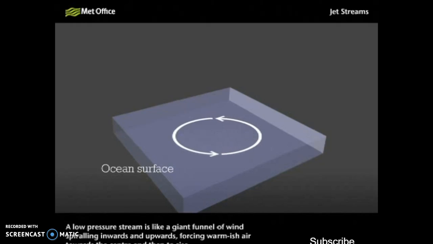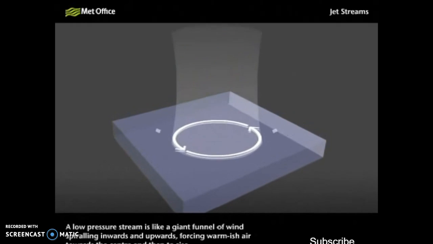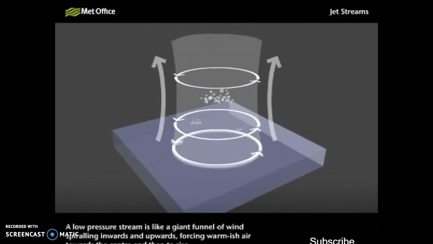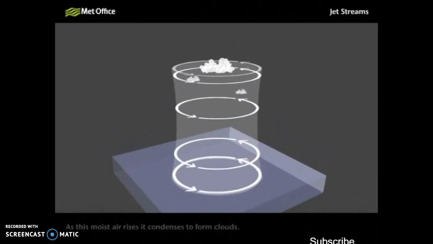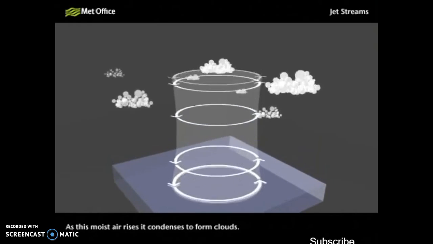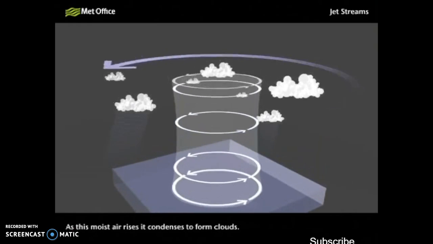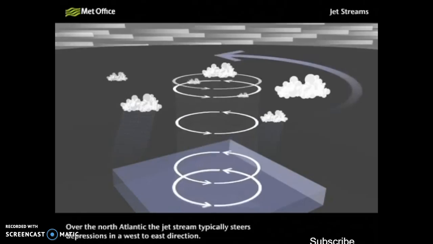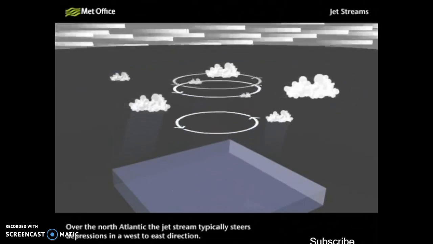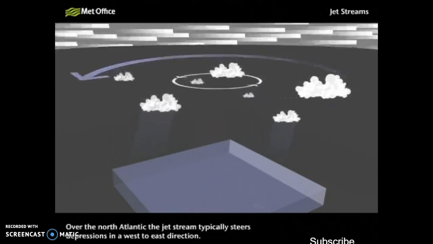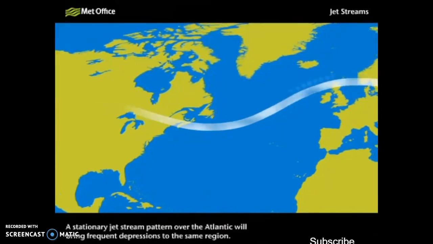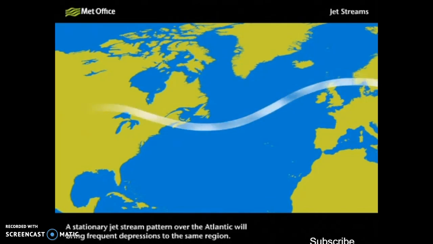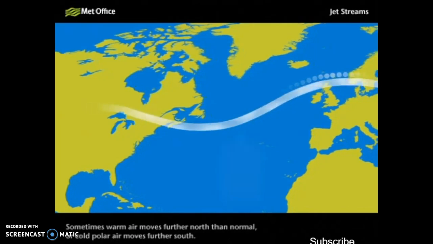A low-pressure system is like a giant funnel of wind spiralling inwards and upwards, forcing warmish air towards the centre and then to rise. As this moist air rises, it condenses to form clouds. Over the North Atlantic, the jet stream typically steers depressions in a west to east direction. A stationary jet stream pattern over the Atlantic will bring frequent depressions to the same region.